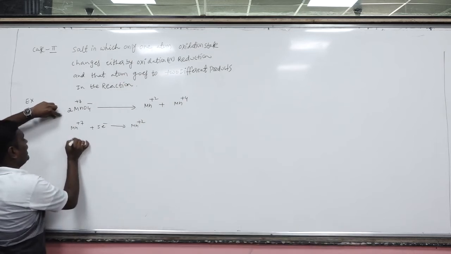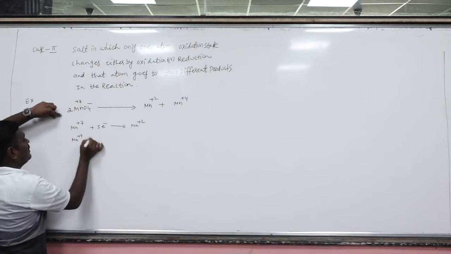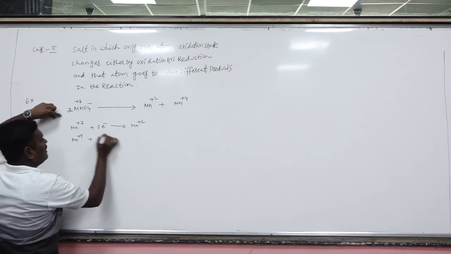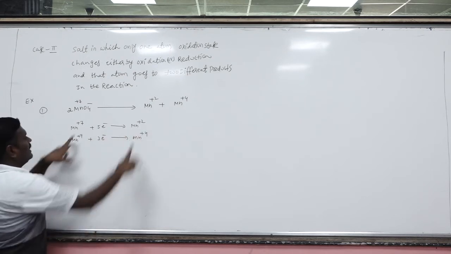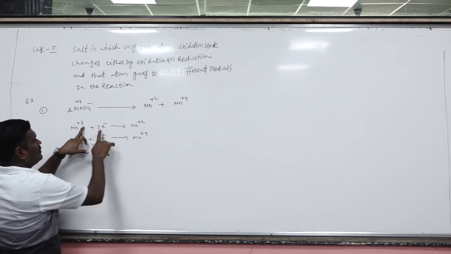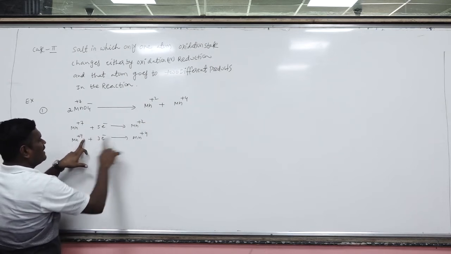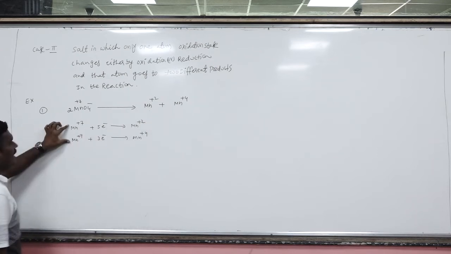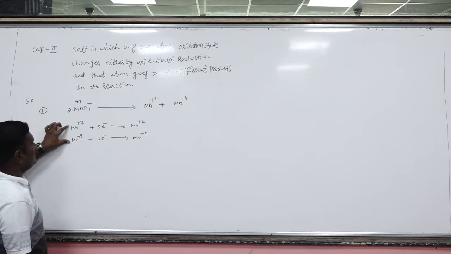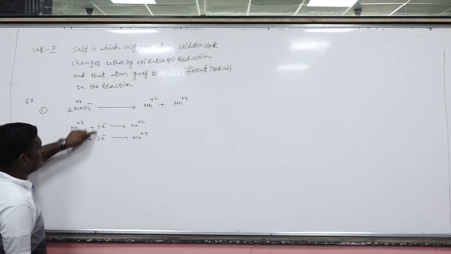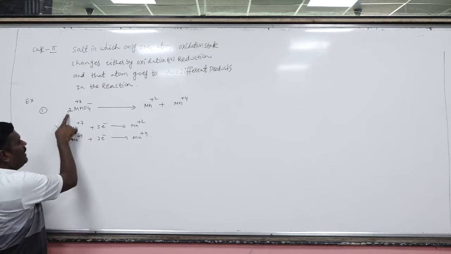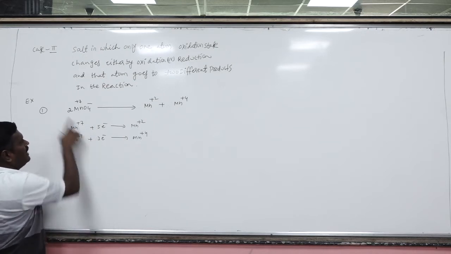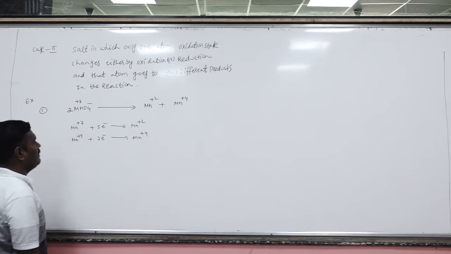And one more manganese +7 will accept 3 electrons to be reduced to Mn+4. The difference here is 5, the difference here is 3. That means the 2 manganese +7 species accept 5 plus 3, 8 electrons per mole of the species. So 8 by 2 will be 4.